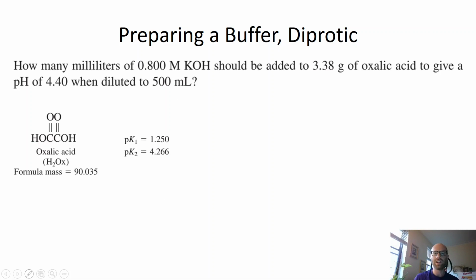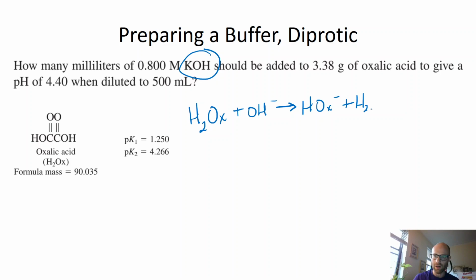How many milliliters of 0.8 molar base should be added to 3.38 grams of oxalic acid to give a pH of 4.40 when diluted to 500 milliliters? Well, this sounds like one of those problems where, since I'm adding base, I'm going to have our H2-ox, as they abbreviate, and I'm going to add hydroxide, and that's going to do a one-way reaction to create the intermediate and water.